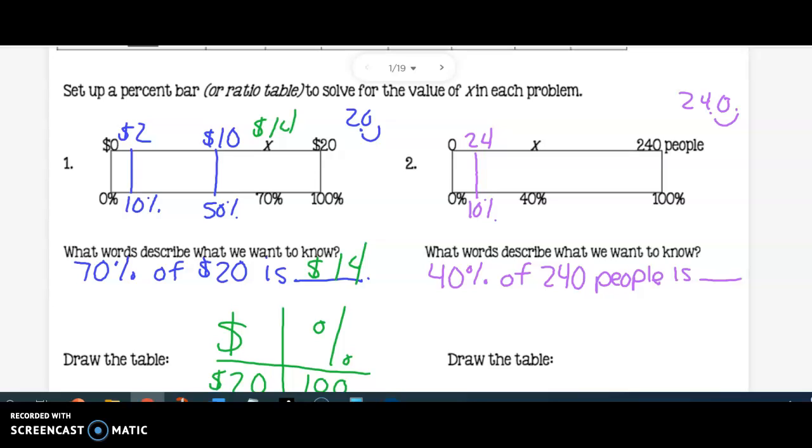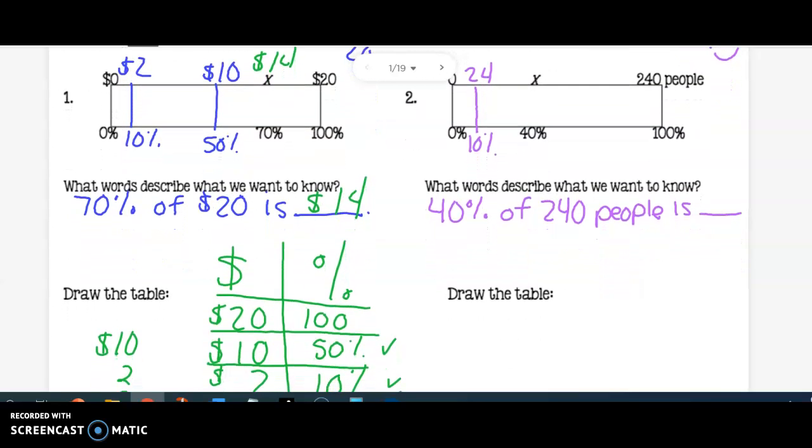So there are 24 people in every 10%. Well, I want to get up to 40%. So to total 40%, I'm going to do 10% 4 times. So 10% plus 10% plus 10% plus 10% is going to equal 40%.